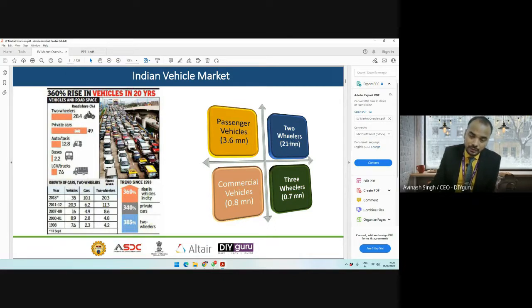In EV manufacturing as well, the number of two-wheelers will be more than passenger vehicles. It also depends on the affordability of the market. The Indian market is more towards the middle class and lower upper class. So they had the bandwidth to buy two-wheelers mostly, right?